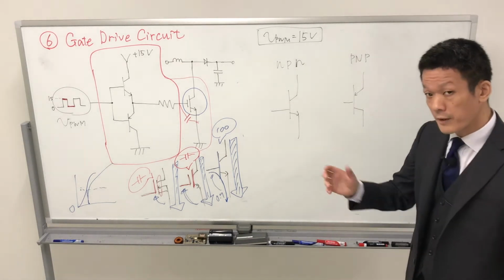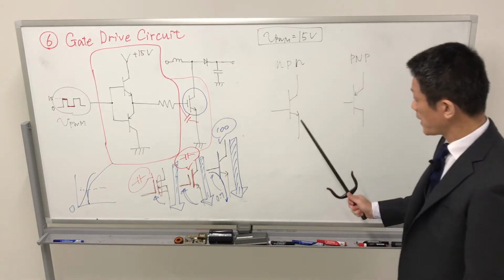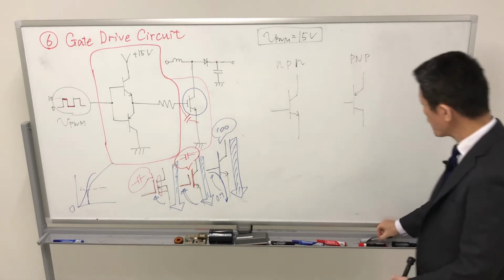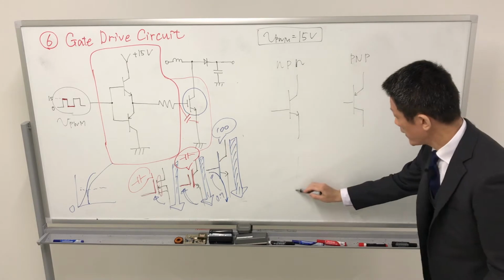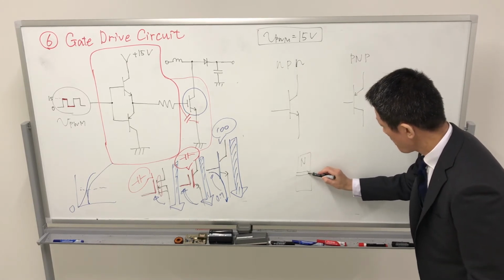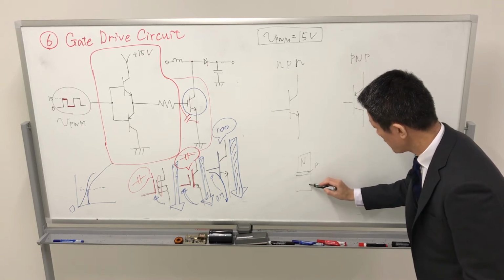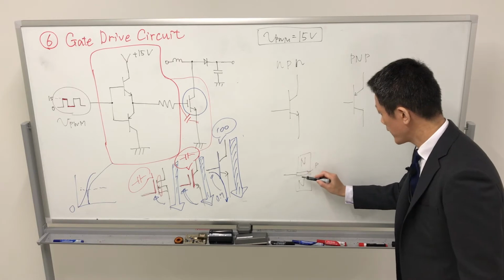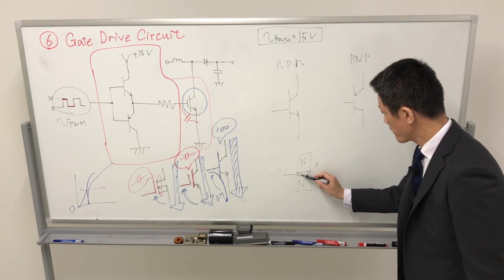How do these devices operate? In the case of NPN devices, NPN is an N semiconductor, a P semiconductor, and an N, connected to the gate side at the P.